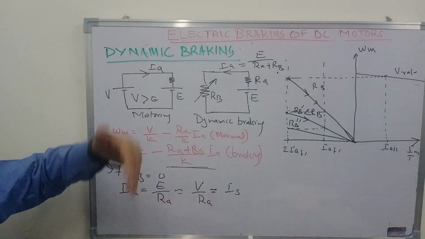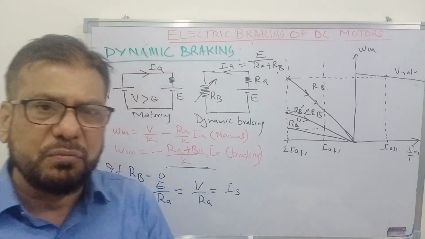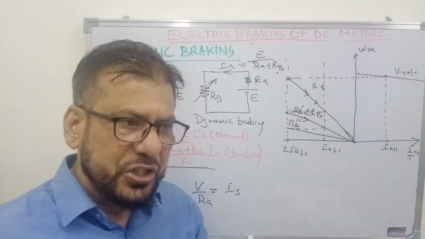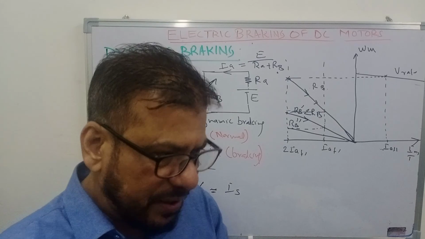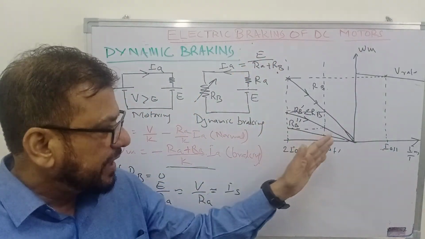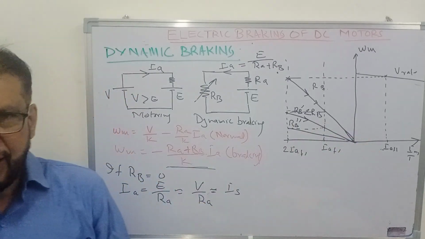So you can insert the same resistance that you used when you were starting the motor. That same starter can be used, and you can reduce the braking resistance gradually in steps, so that enough braking torque is obtained and the motor stops quickly. So this is what is known as dynamic braking.